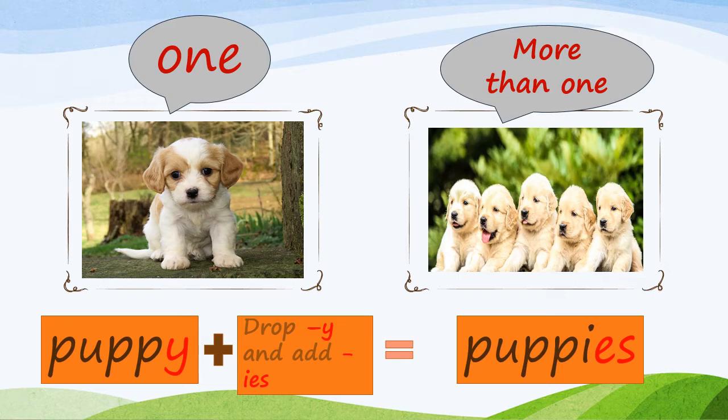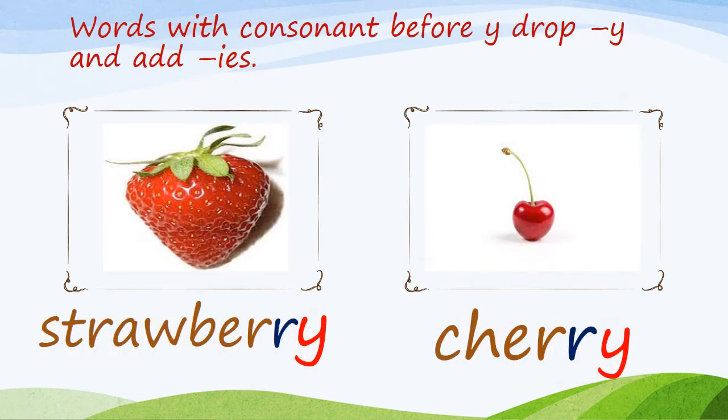Now see here, Y and the letter before Y is P, which is a consonant. So you will drop Y and you will add IES to make it plural. Let's see this example. Strawberry.